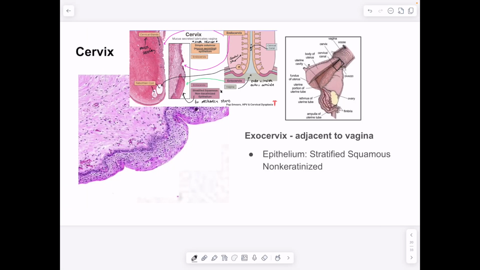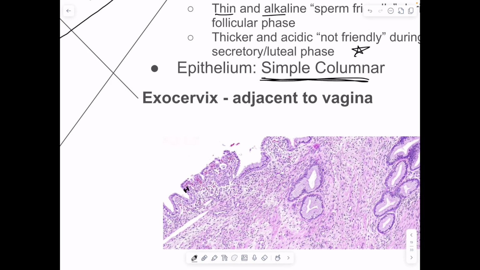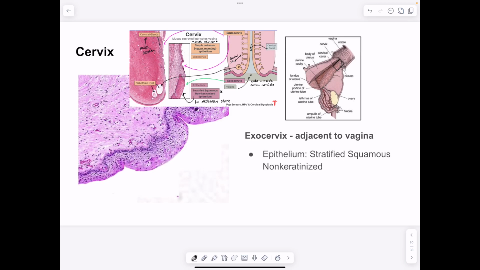Okay. All right, so more on the cervix. We have, as we said, a simple columnar epithelium, which we could see here. The exocervix, which is right here, is going to have stratified squamous, non-keratinized. And the explanation I heard for this was, why would you want stratified squamous? Well, the vagina is the receptacle for the penis, right?